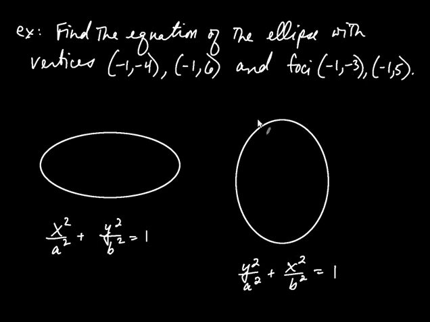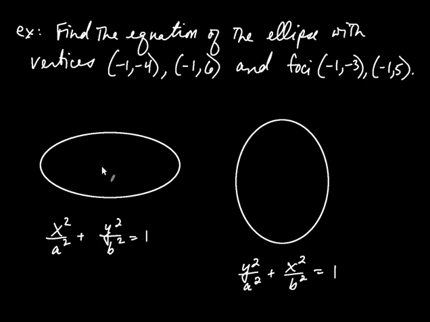So we have to first of all decide if our ellipse is oriented with the major axis going horizontal, or if the major axis is going vertically. And the key, of course, is remembering that all the vertices and the foci are located along the major axis.